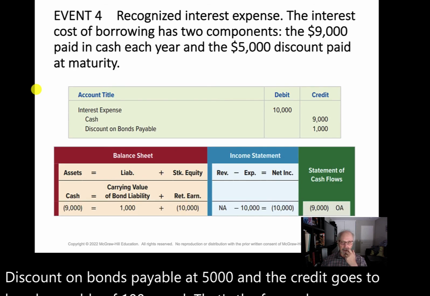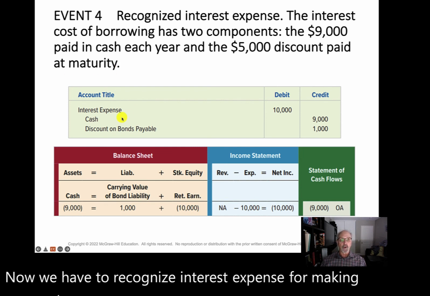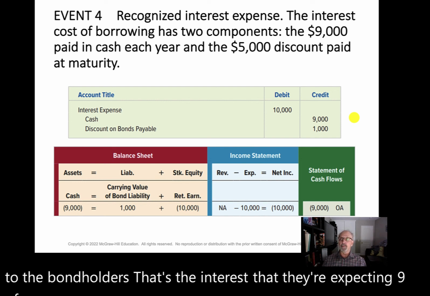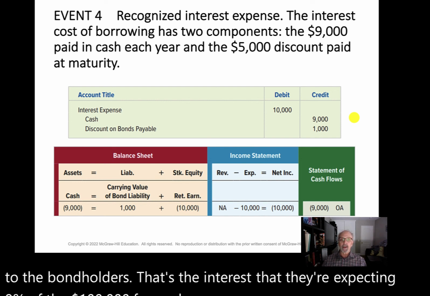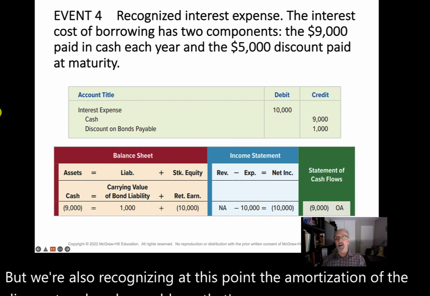Now we have to recognize interest expense. We're making payments here. So we have a payment of cash, a credit of $9,000 to the bondholders. That's the interest that they're expecting, 9% of the $100,000 face value. But we're also recognizing at this point the amortization of the discount on bonds payable. So that's a credit of $1,000.